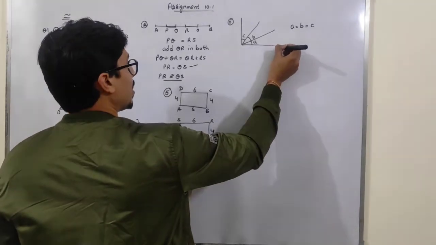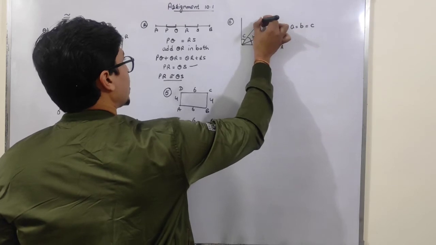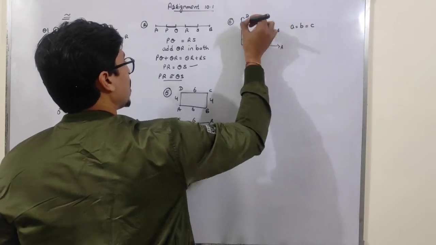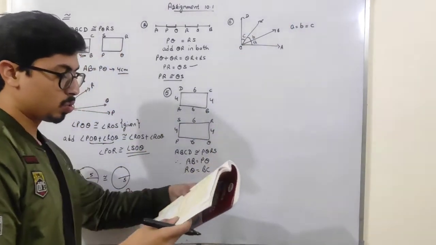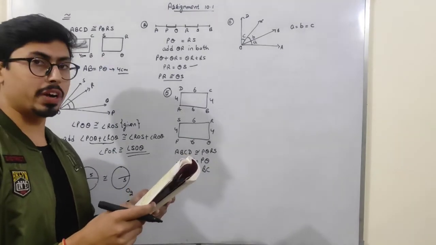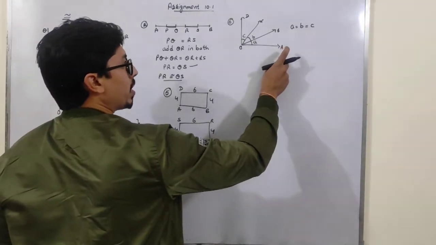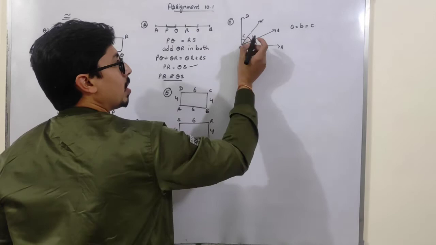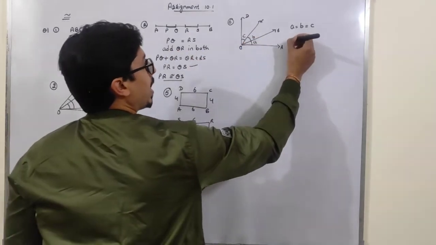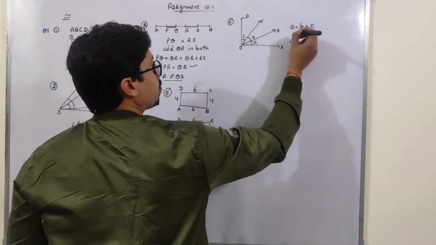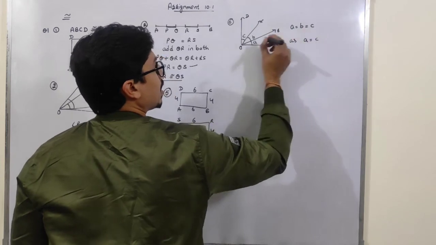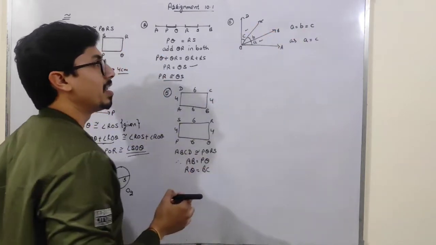See, this is A, this is B, this is C, and this is D. And this is O. So we have to find out which angle is congruent to AOC. Now see, students, as angle A is equal to angle C, it is given. This angle is equal to this angle.